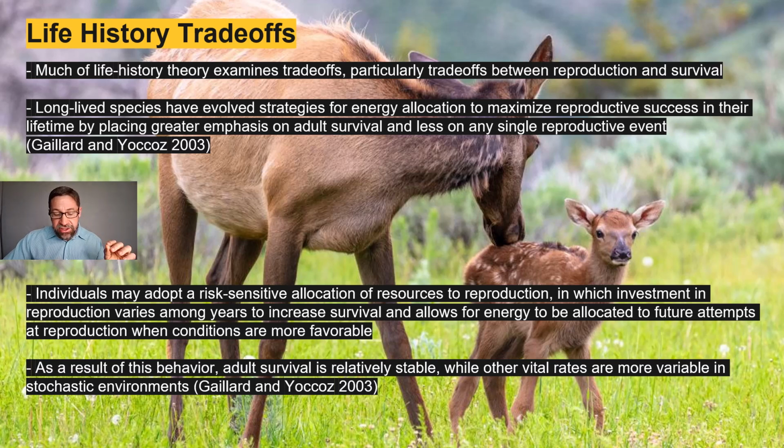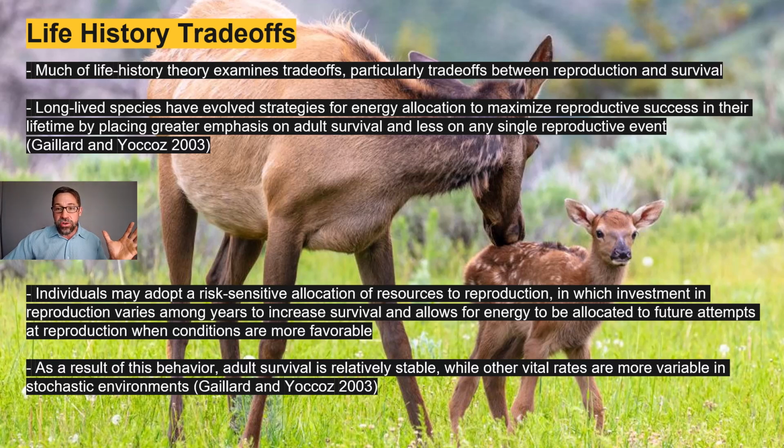Individuals may adopt a risk-sensitive allocation of resources to reproduction in which investment in reproduction varies among years to increase survival and allow for energy to be allocated for future attempts at reproduction when conditions are more favorable.